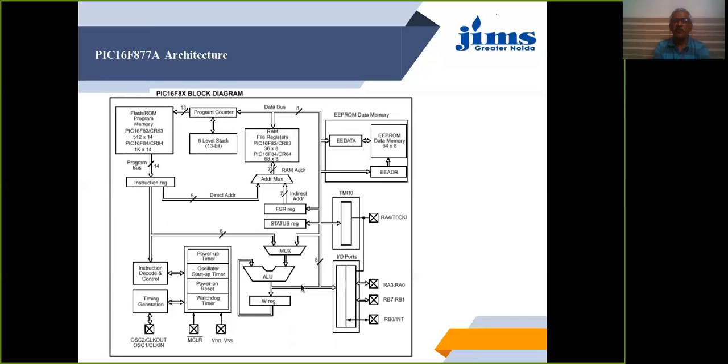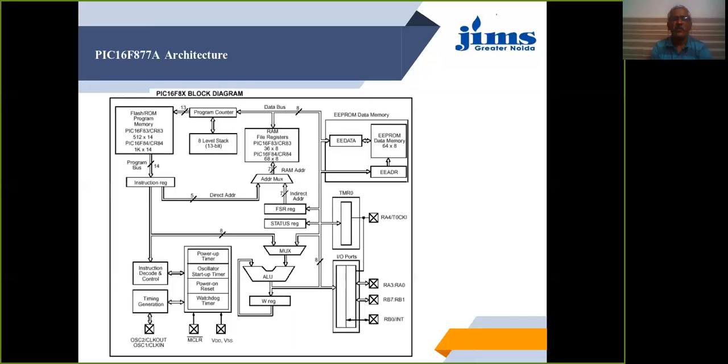The ALU performs, and the results are available at the different registers or the different ports. It can be transferred. There are some status registers, there are certain SFRs, special function registers, and some general purpose registers that we will be seeing as we discuss the programming model of the 16F877.